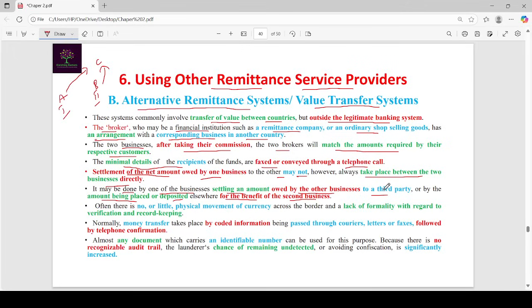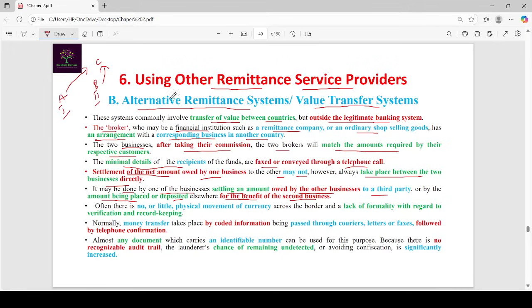Likewise, they will settle the amount by placing or depositing it elsewhere for the benefit of the second business. So the first broker settles the amount by placing or depositing it in a place where the second broker gets benefit.